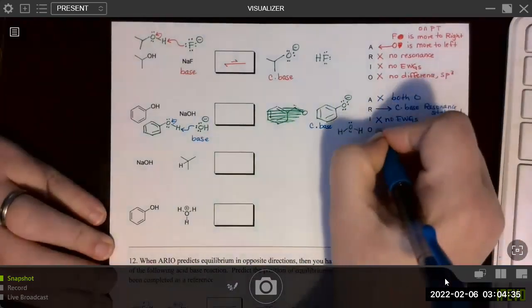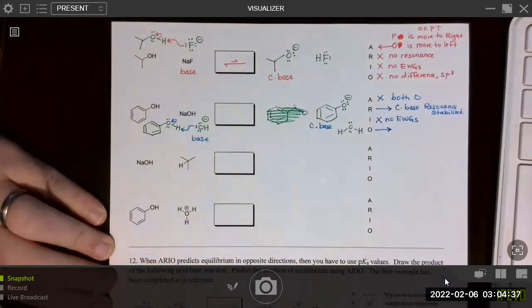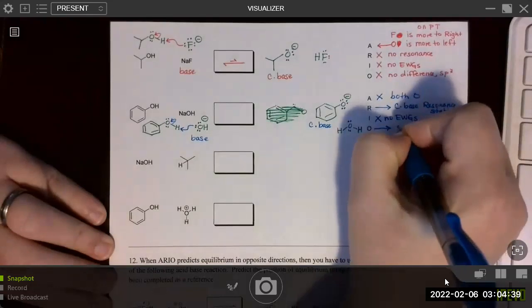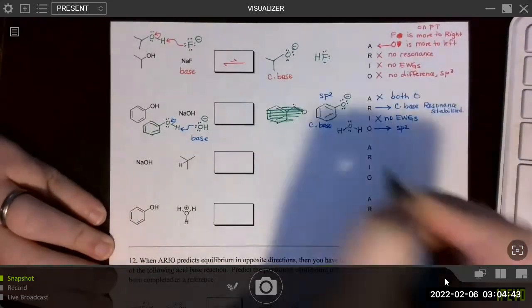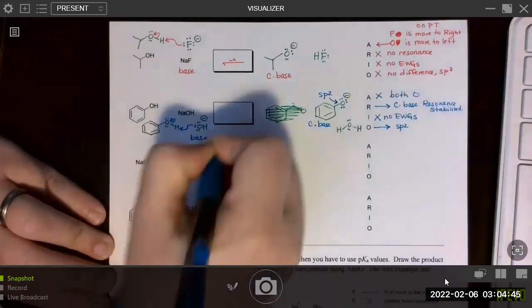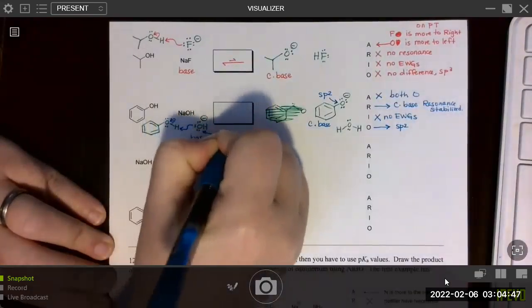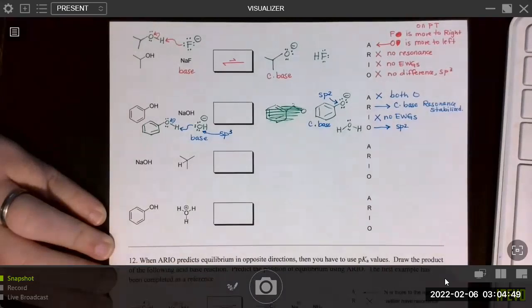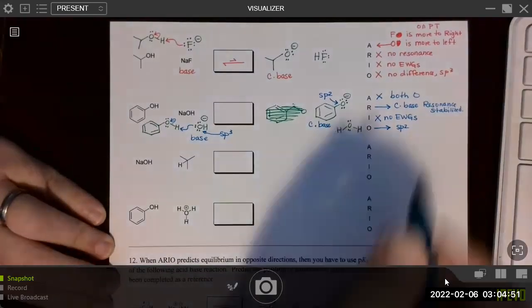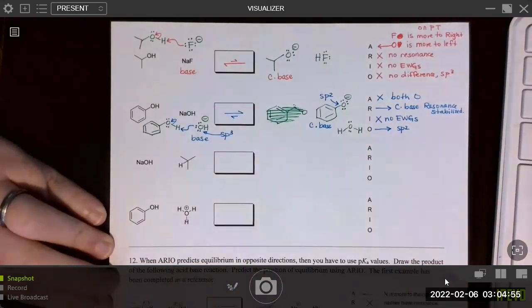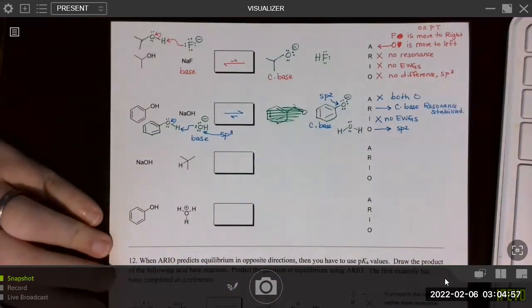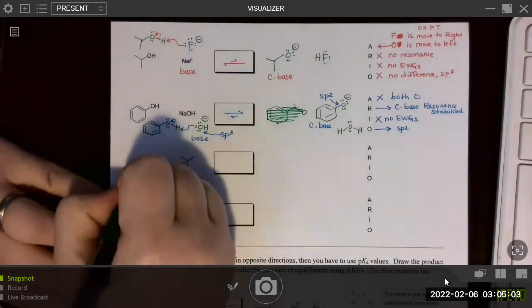So again, sp2 is more stable, so we predict this way, versus sp3. Okay, so because of these two, they're both going in one direction, so we can predict equilibrium lies to the right. And then over here, we can redraw these as hydroxide.